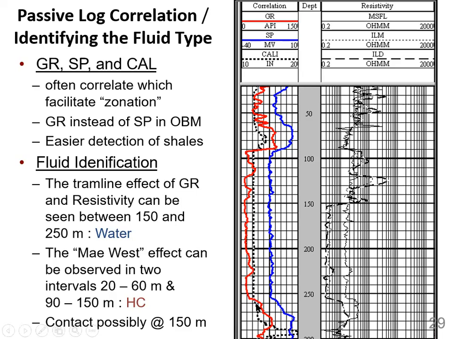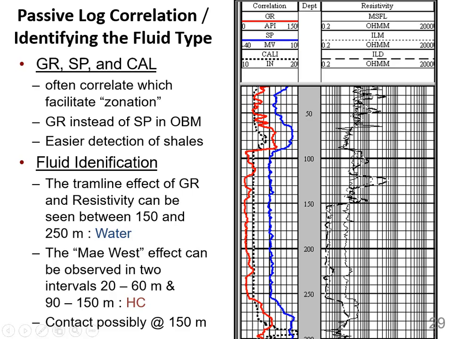It's important to know also, you see that the caliper increases here. And here, there appears to be some washout. Now, if you look at this properly, from 150 meters to 250 meters, you see that the deep resistivity measurement, the SP and the gamma ray tram line.